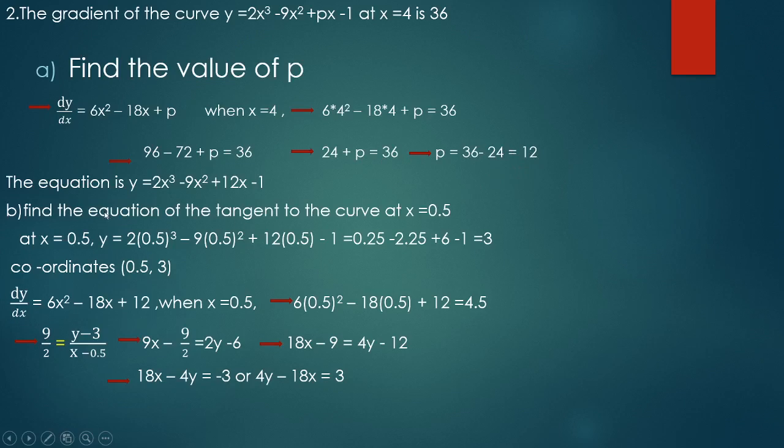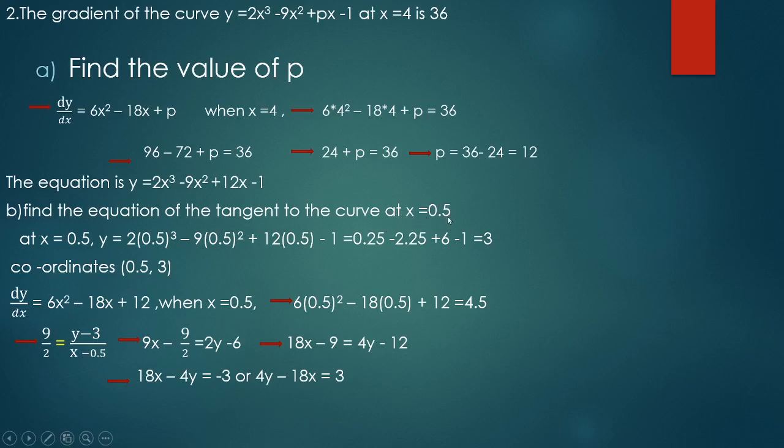And then we are supposed to find now, remember the question part b, the equation becomes 2x cubed minus 9x squared plus 12x minus 1. Instead of p, we put now 12. So for part b, we find the equation of the tangent to the curve at x equals 0.5.